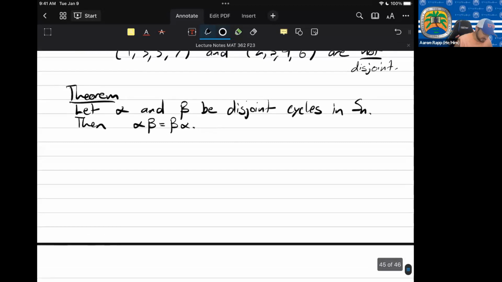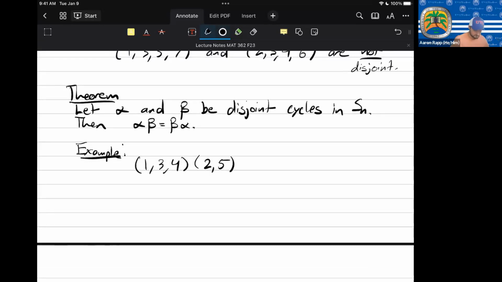We can kind of see this with a quick example. Let's say that these are my 2 cycles. I guess to maybe match up with the notation, let's let alpha be that and beta be 2, 5. So what am I working in here?